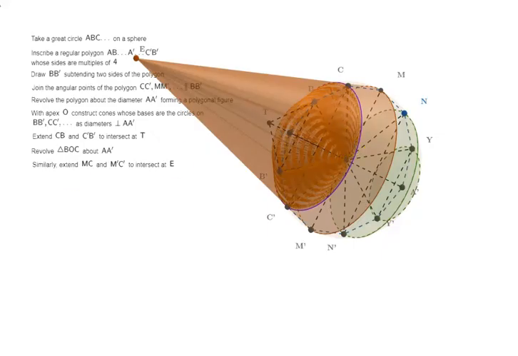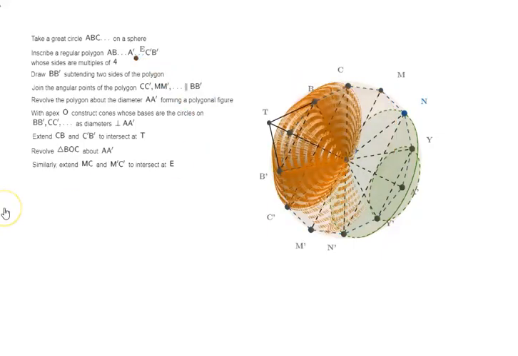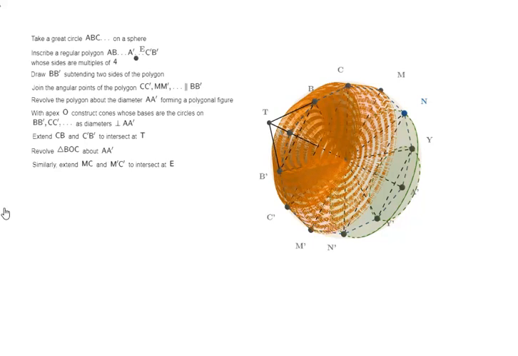So let's rotate that as well and see how it looks. Now, as you notice, again, a solid is being formed. Okay. So now we have revolved triangle COM about AA prime.